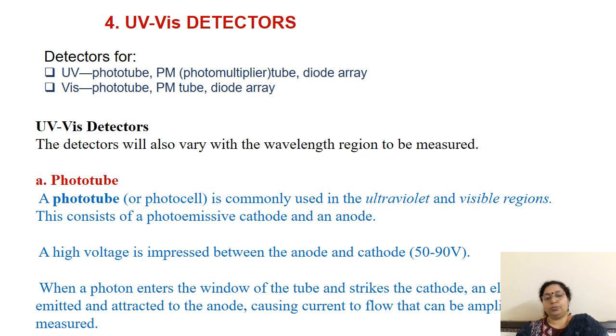This phototube consists of a photoemissive cathode and an anode. Then a high voltage is impressed between anode and cathode, usually 50 to 90 volts. When a photon enters the window of the tube and strikes the cathode, an electron will be emitted. This electron will be attracted to the anode, causing a current to flow that can be amplified and measured.